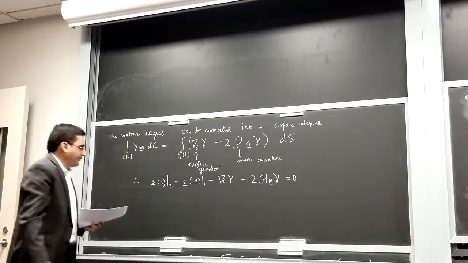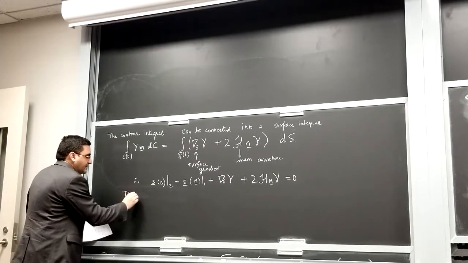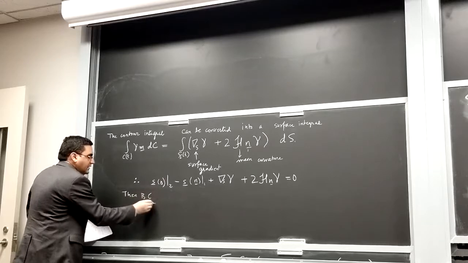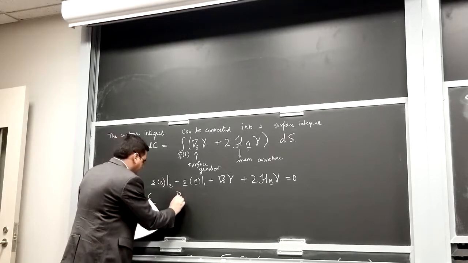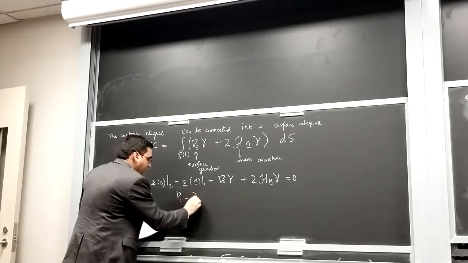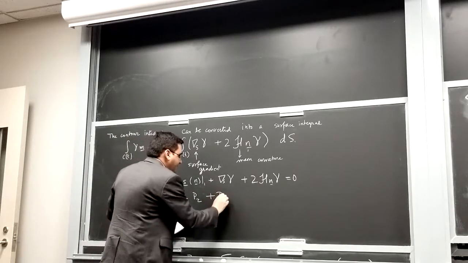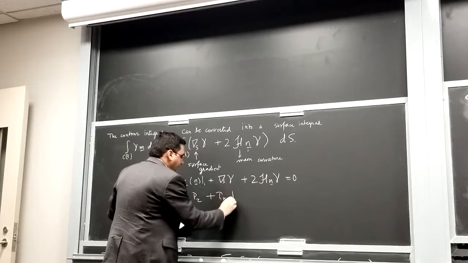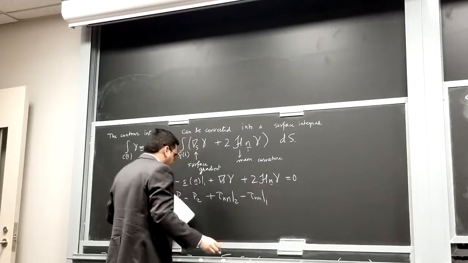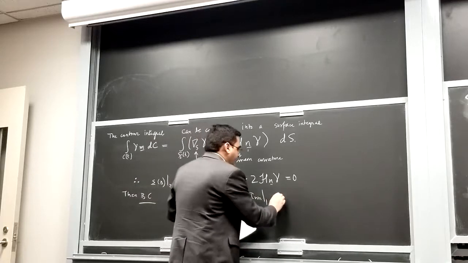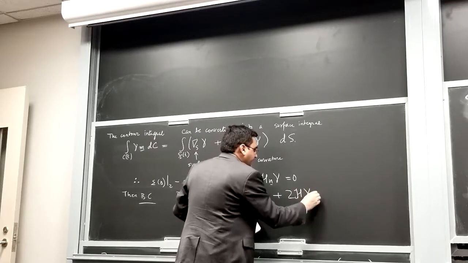And this can be rewritten as two boundary conditions. One in the normal direction, normal to the interface. So there you have tau n in 2 minus tau n in 1 plus 2 H gamma is equal to 0.